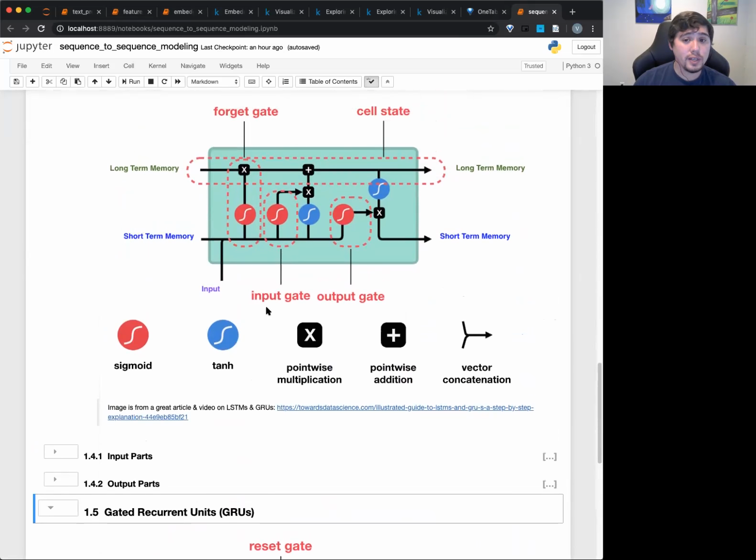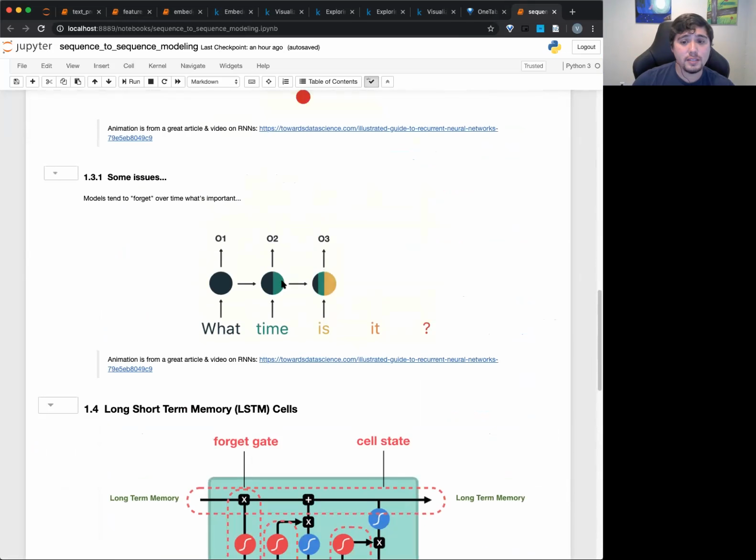If you get really into it, you can play around with different structures and define different parts, but for the most part you probably wouldn't do this unless you're a researcher. The main important part is knowing that a sequence model takes in an event and some kind of hidden state, basically its memory, and puts those together to make a new prediction, and then passes this hidden state to the next element and does the whole process over again.